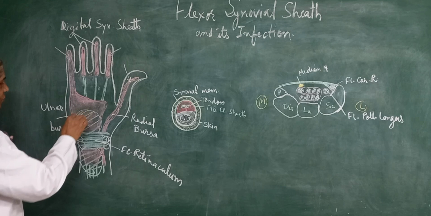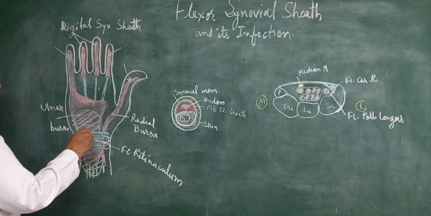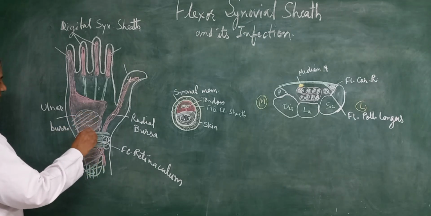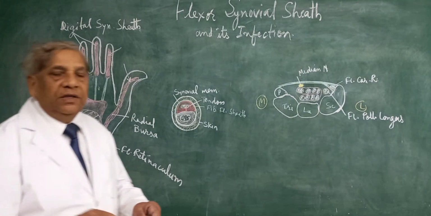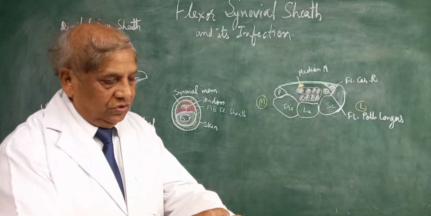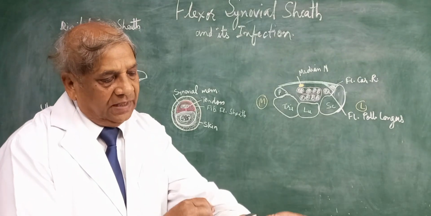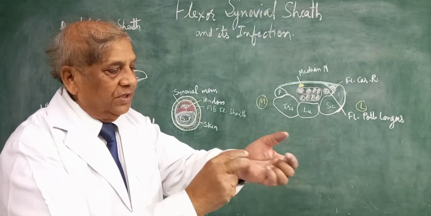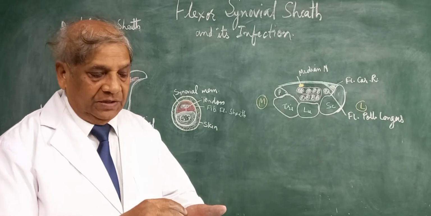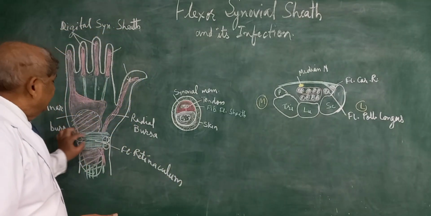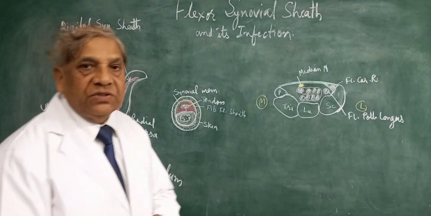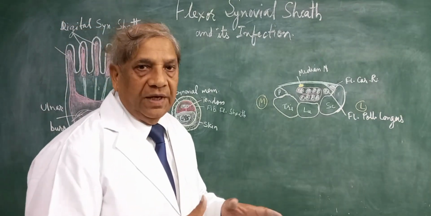So two swellings will be seen, one distal to the flexor retinaculum and one proximal to the flexor retinaculum, deep to the skin. These two swellings are known as the hourglass appearance. And why is there no swelling in the middle? Because of the presence of the flexor retinaculum.